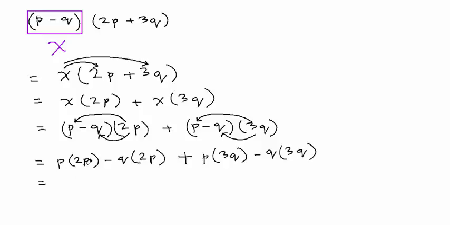P times p is p square, therefore we have 2p square minus 2qp plus 3pq minus 3q times q, which is q square.